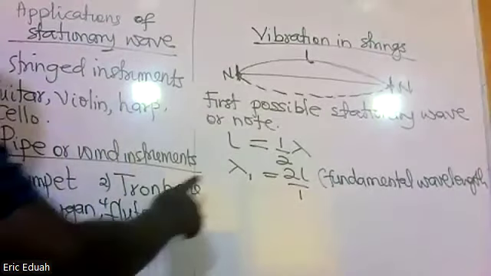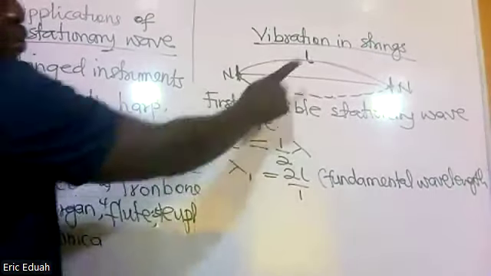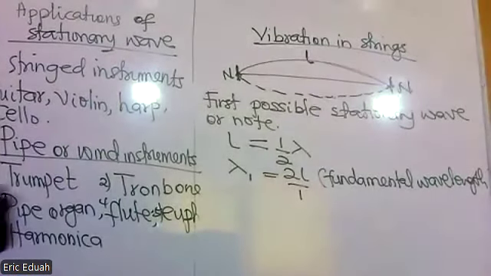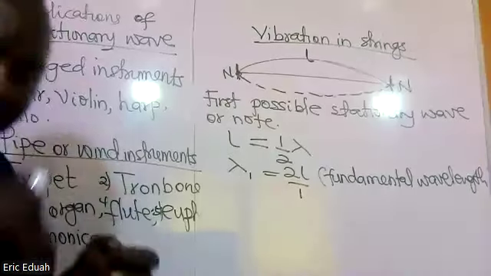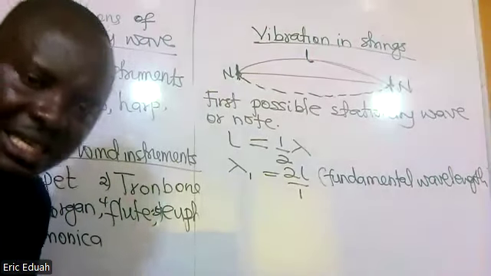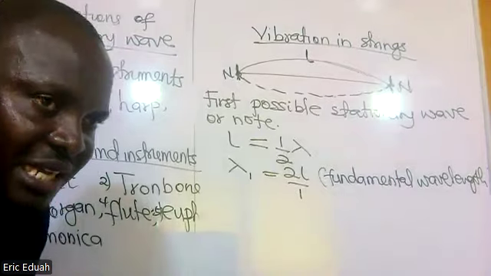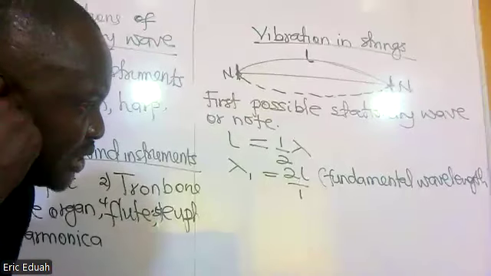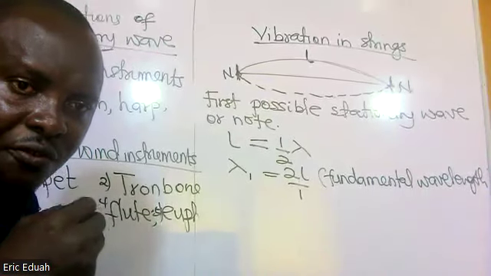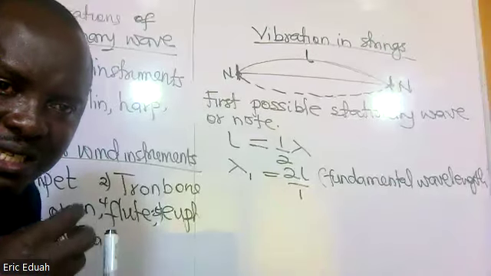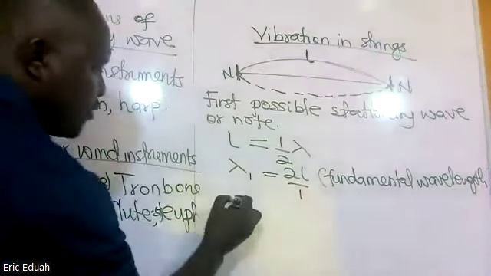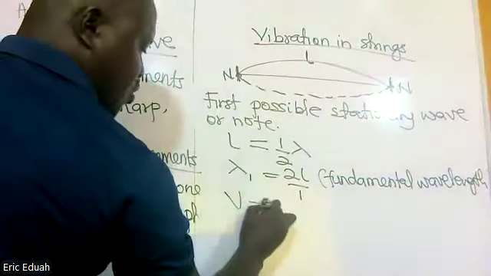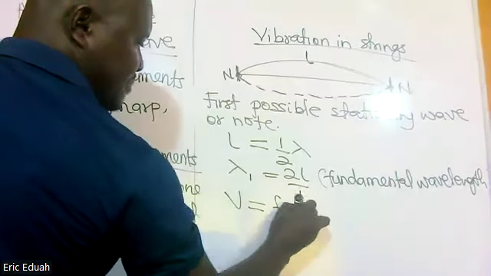So we have identified that particular wavelength which will form this. What about that particular frequency? When the string is disturbed, what you hear is a sound. What you hear is as a result of the speed of sound in air. So, speed of sound is equal to frequency times wavelength.